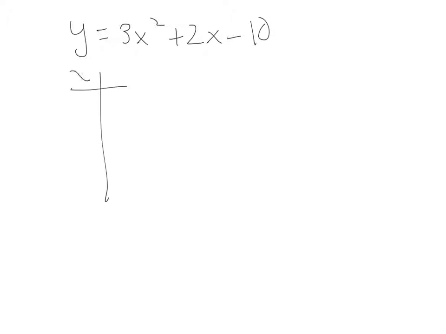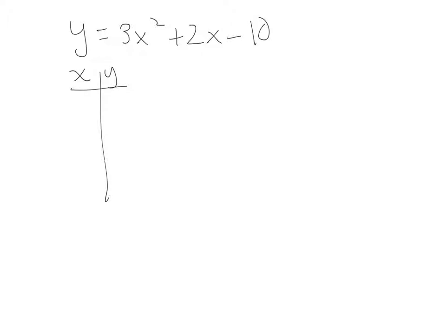So if you had the equation, let's say y equals 3x squared plus 2x minus 10, you could simply do an input-output table, x's and y's, and you could start plugging in x's and come up with y's. And this would allow you to eventually plot some points.